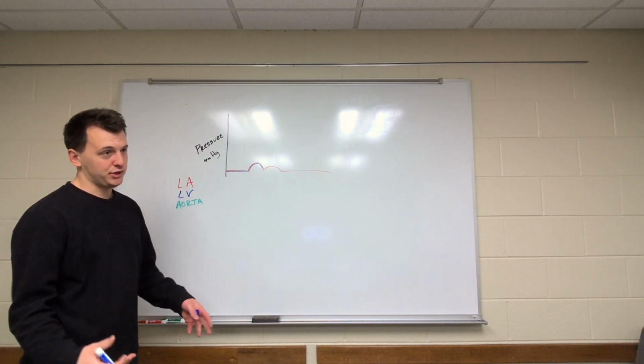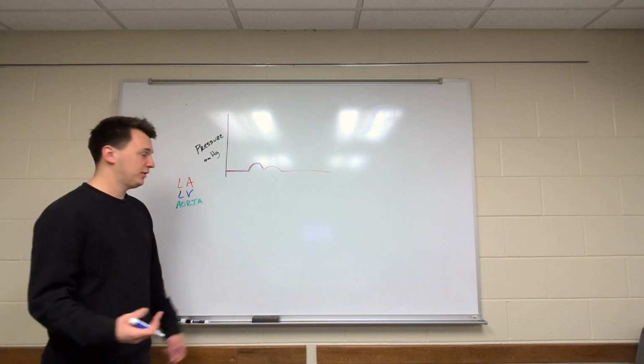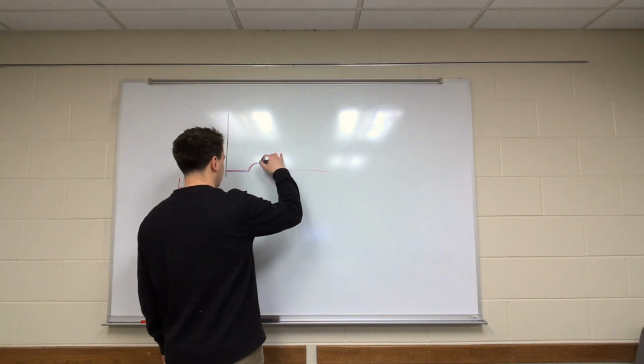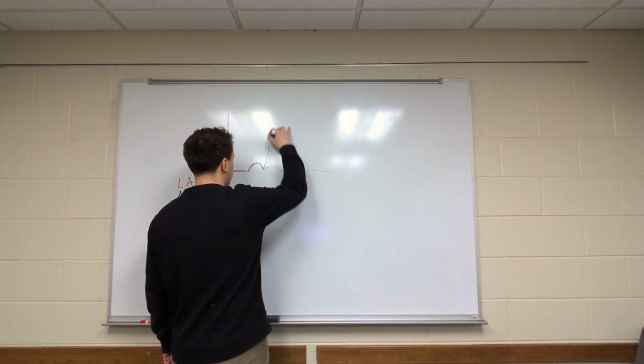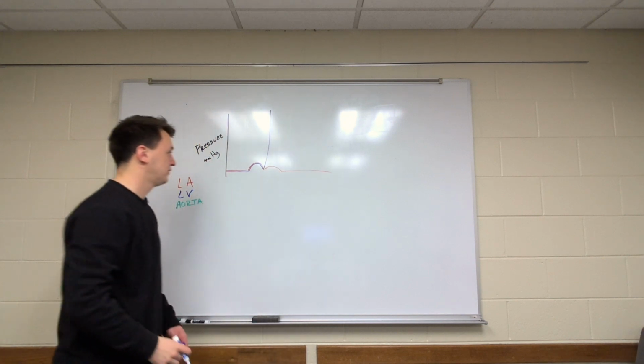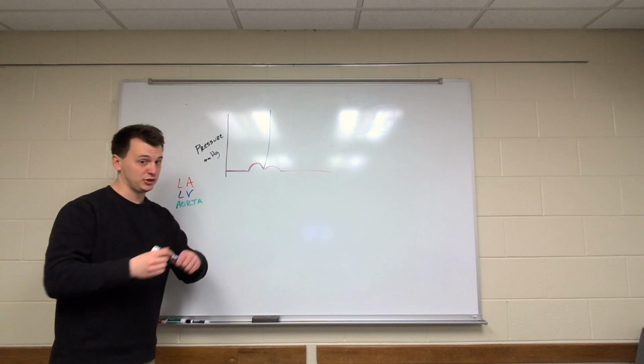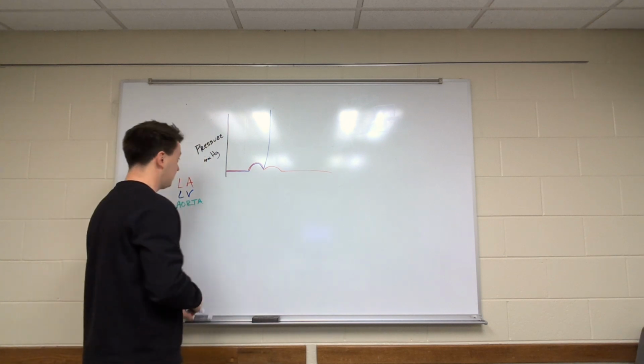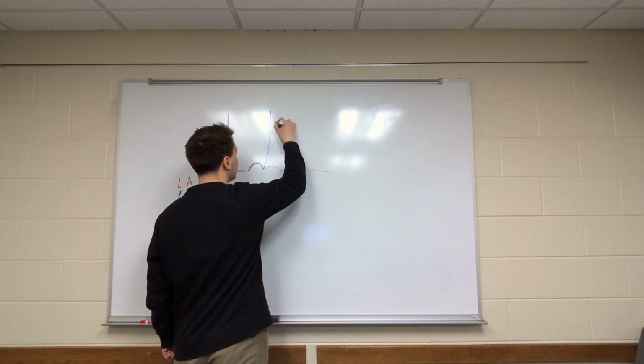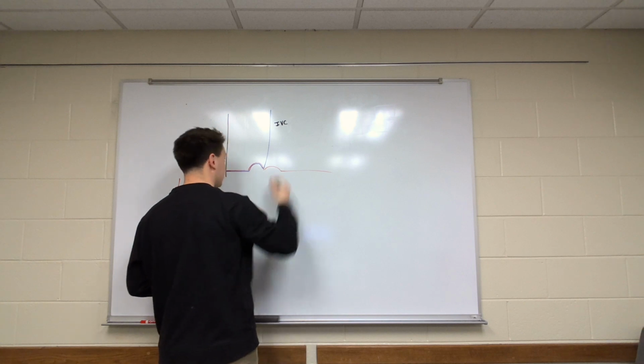But the ventricle will then significantly increase pressure. This is called isovolumic contraction. I'm just going to call it IVC.